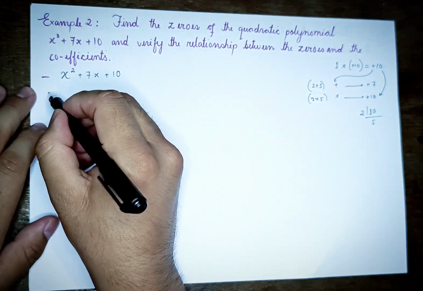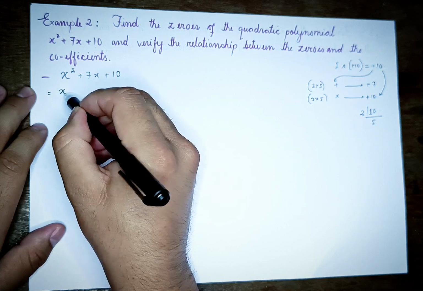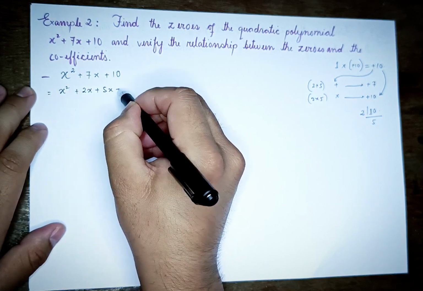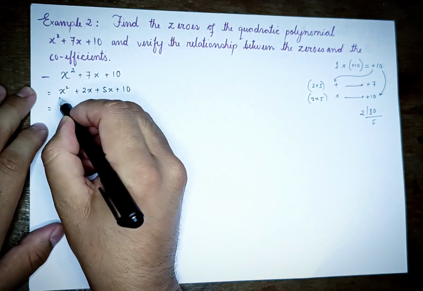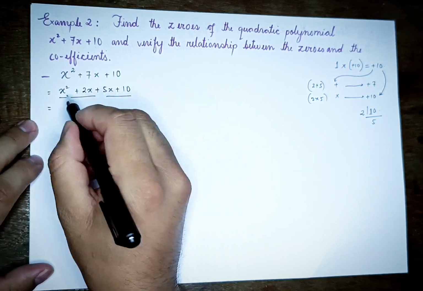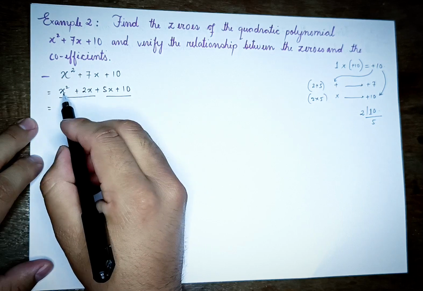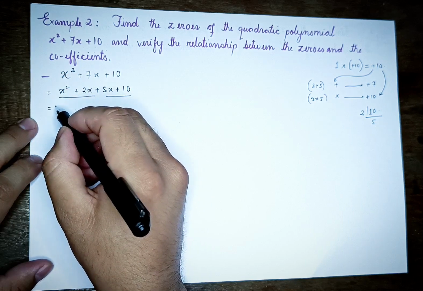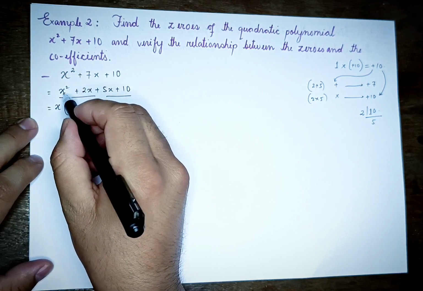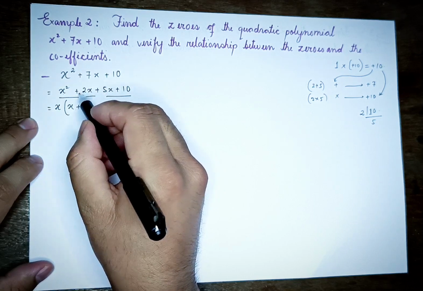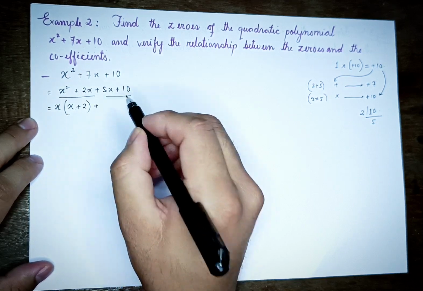So we can write this as x squared plus 2x plus 5x plus 10. With these two terms and these two terms, let's take out common factors. Here x is common, so we take x common. After taking out x, we are left with x plus 2.